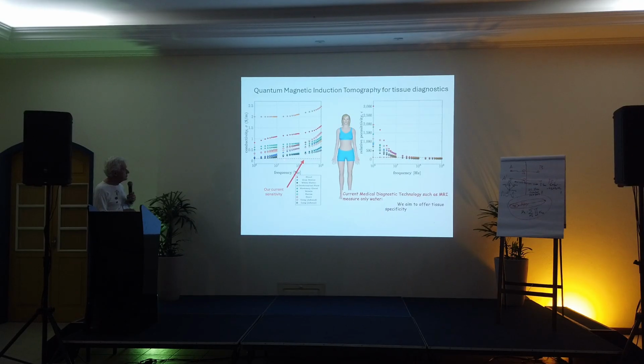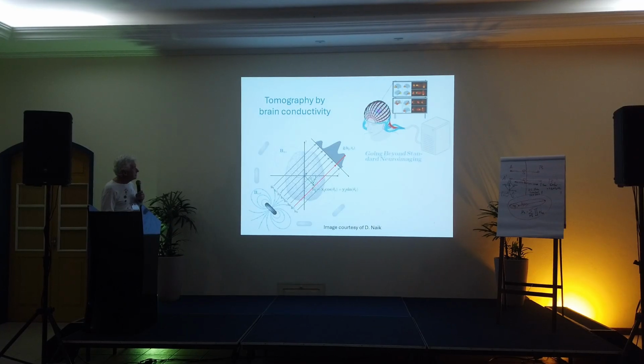So if we use some few megahertz magnetic sensing, then we can relatively easily detect the difference between various kinds of biological matter. And we hope to go towards brain conductivity measurements, and we'll see what happens.